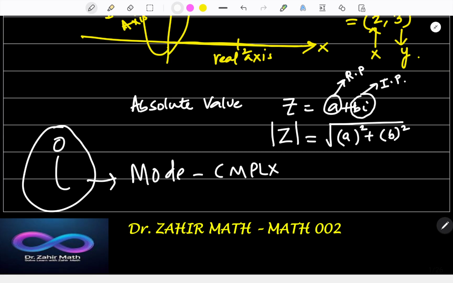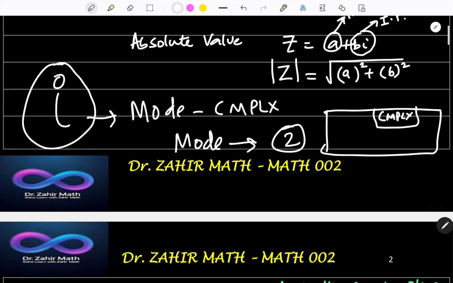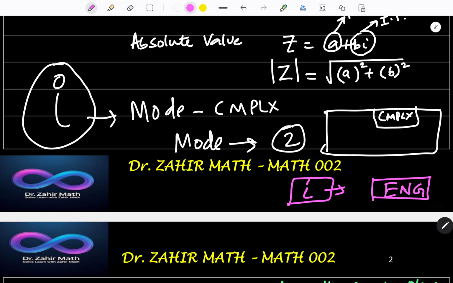For this, you should press MODE and press number 2. If you press number 2, you will see complex on the screen. Then the i, where is i, teacher? There is a button ENG. You press ENG and the i will come automatically.